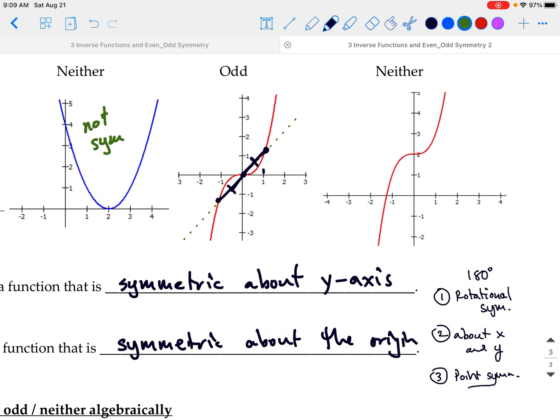So we'll just note if this was at 1 on the right, so this would be 1, 1, then this point on the bottom here would be 1, -1. So that is one way of thinking about it as well, as that point symmetry.